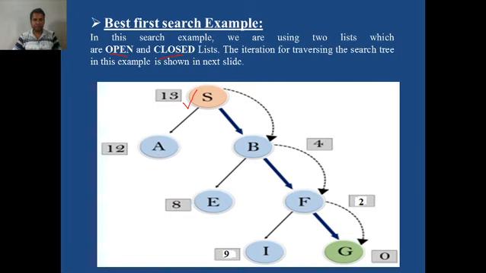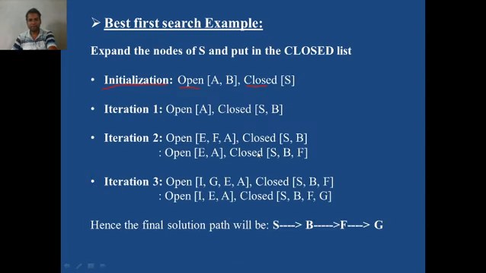Okay, what exactly is open list? Open list contains the nodes which are not explored, which are not expanded, and closed list contains the nodes which are expanded or explored or traversed. So here you can find in iteration 1 we kept node A in open list because it is not explored, not expanded, or not traversed because of high cost.